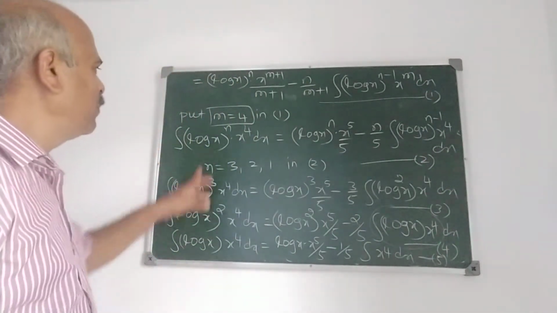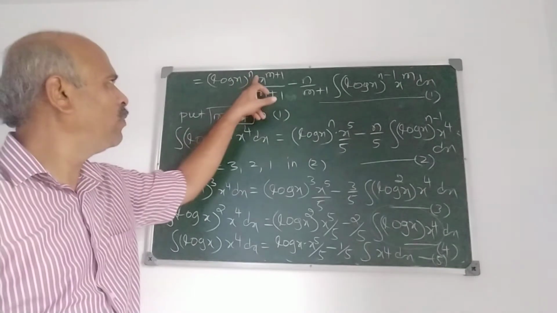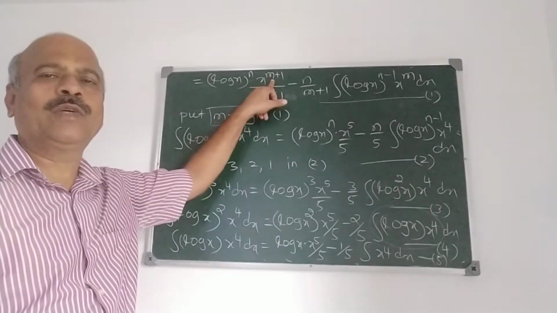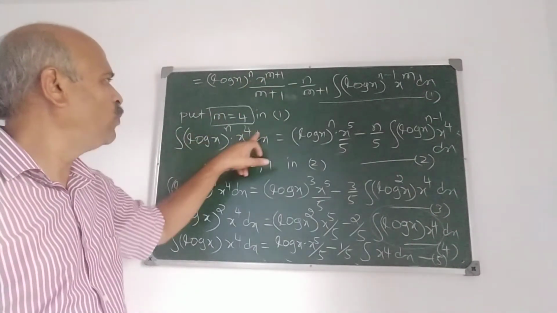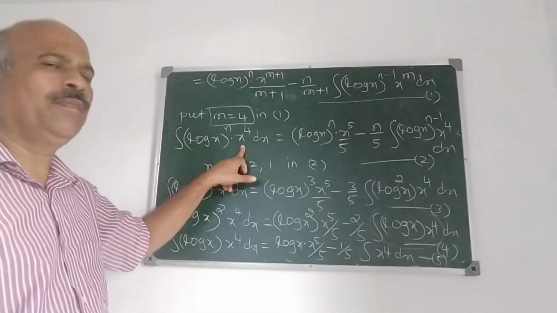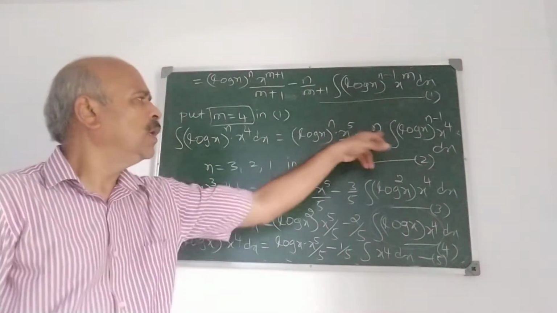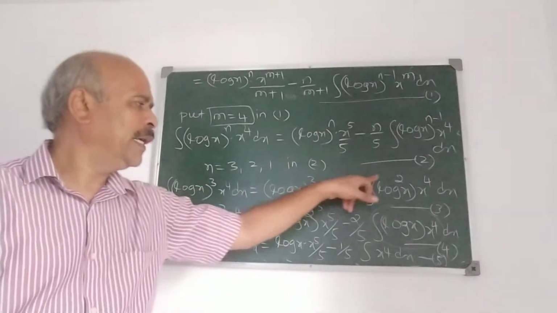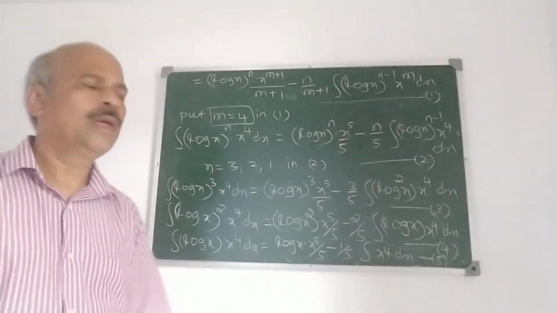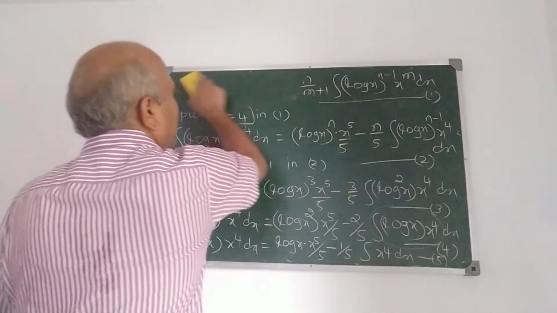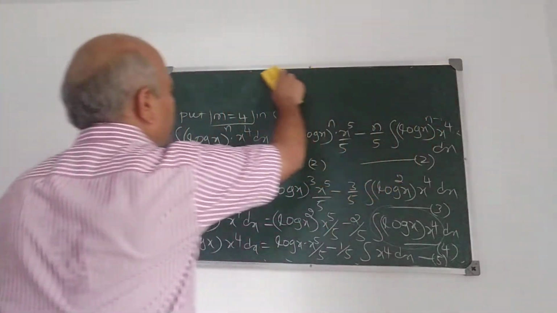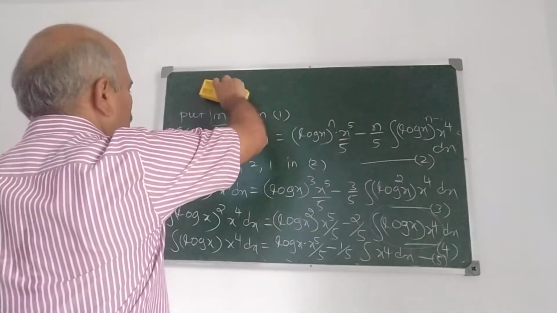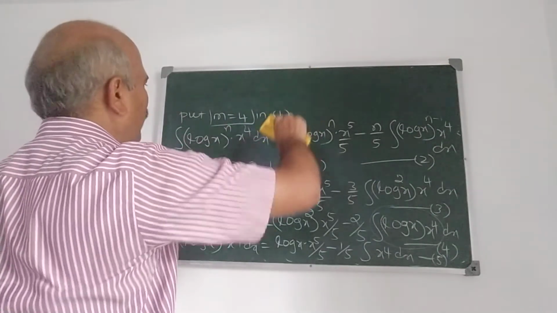See, what is the first thing? We have obtained the reduction formula for log of x raised to n, x raised to m plus 1, and we have taken m is 4. We have this expression, and in 2 we have successively taken n is 3, 2, 1, and we have obtained 3, 4, 5. Now we use this 3, 4, 5.